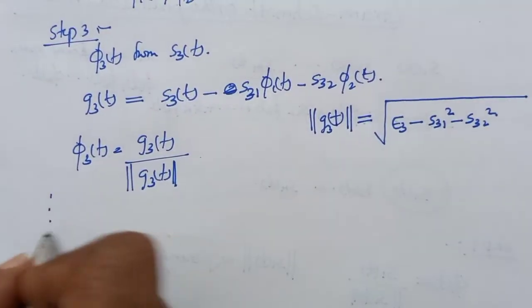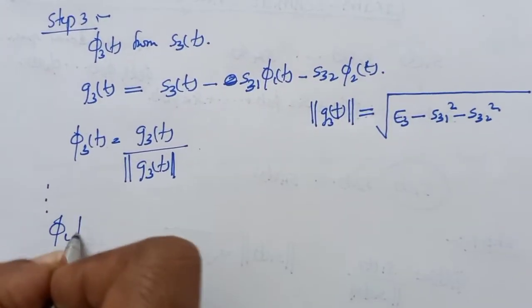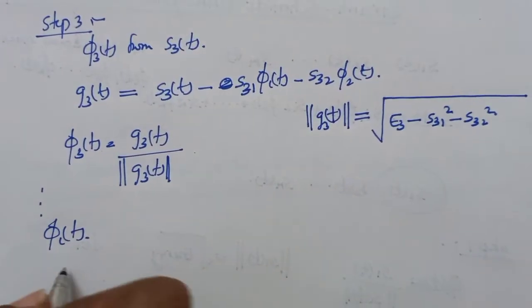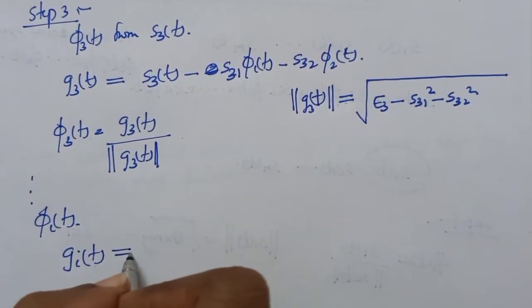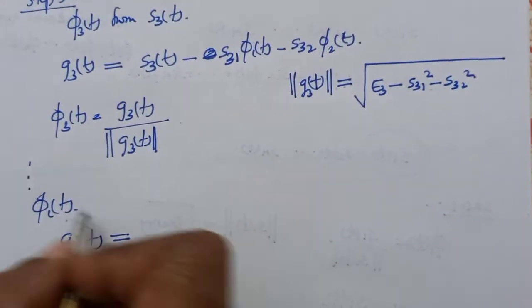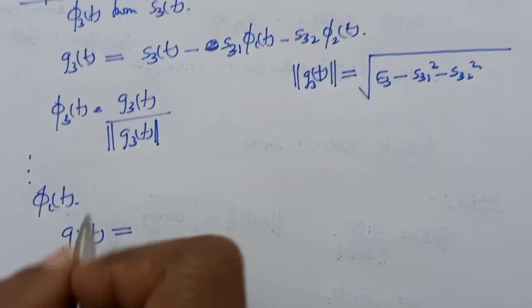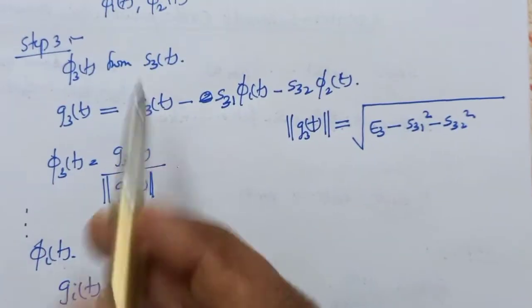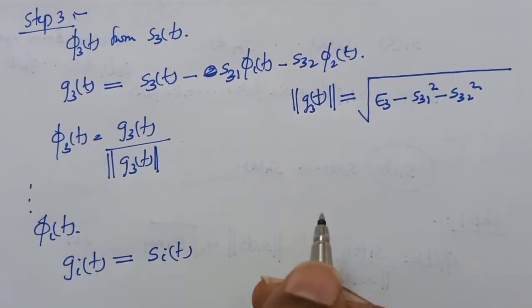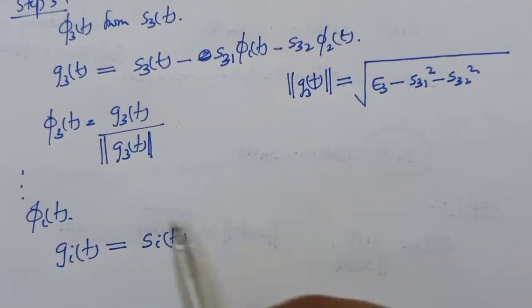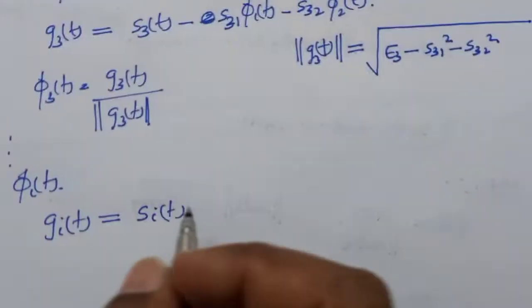Generally, we need to find, say, φi(t). How will you find φi(t)? We will define an intermediate function gi(t) such that, for finding gi(t), we need to take si(t). From si(t) you remove all the components corresponding to the other i minus 1 axes.